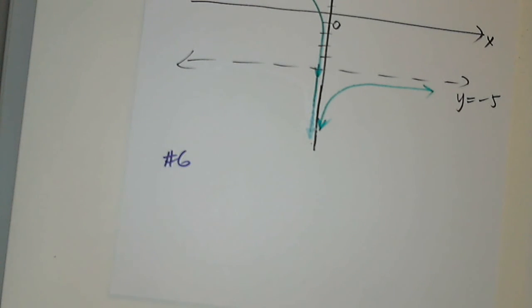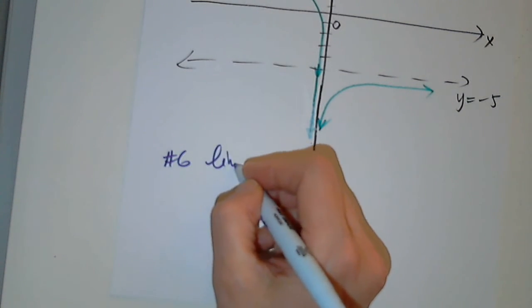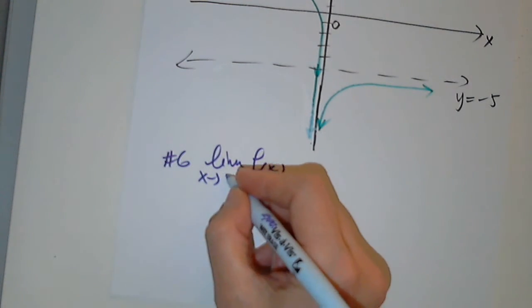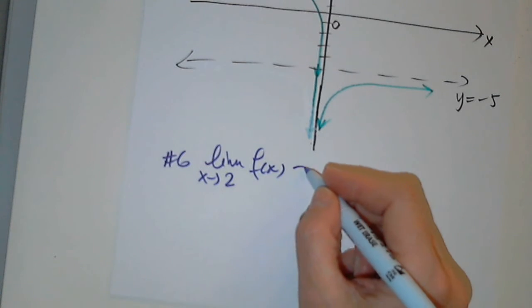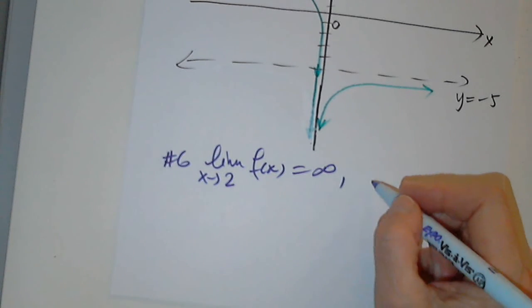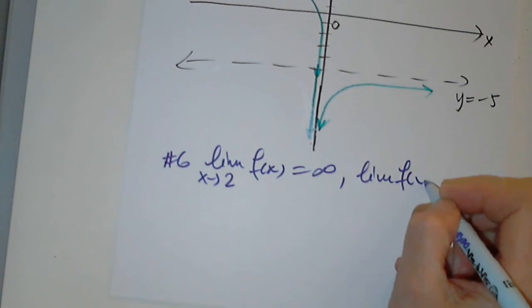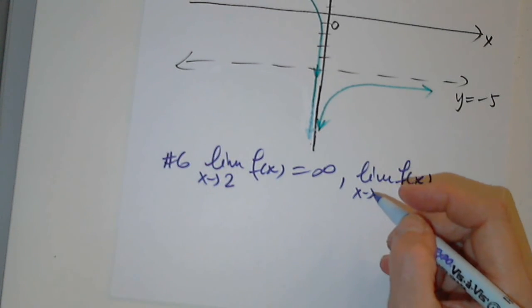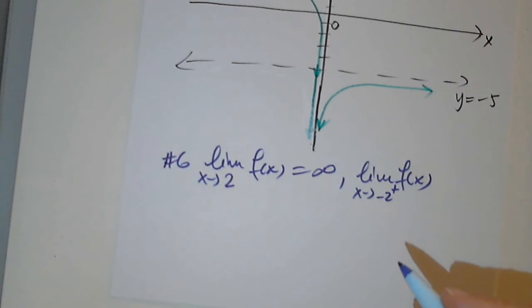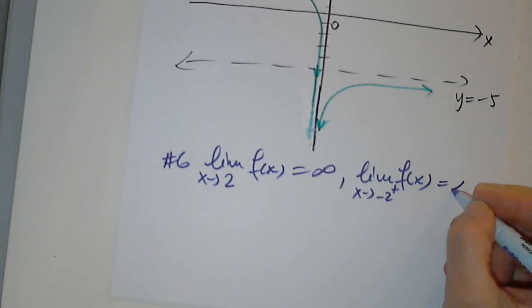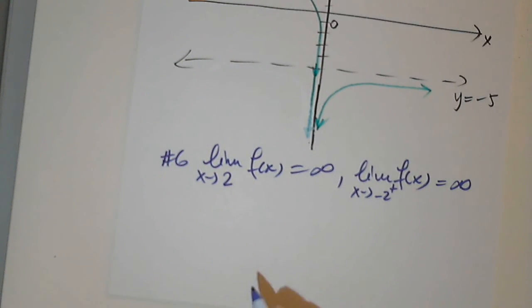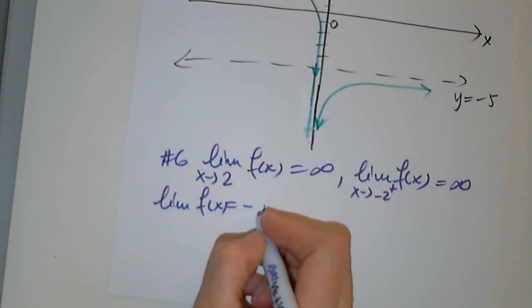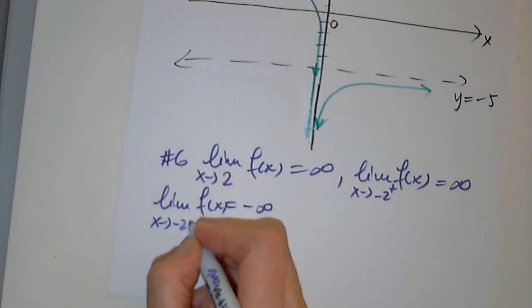Number 6 is telling us limit of f of x as x approaches 2 from either side is infinity. Limit of f of x as x approaches -2 from the right, I think. Limit of f of x, I'll check in a second, is -infinity when x approaches -2 from the left.